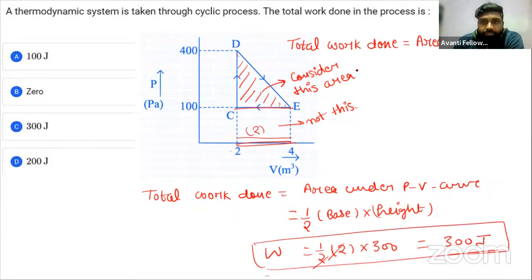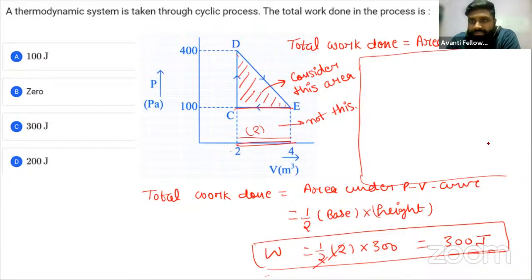Now suppose in this same question, which is an MSQ, multiple select question, internal energy and heat input are also being asked.